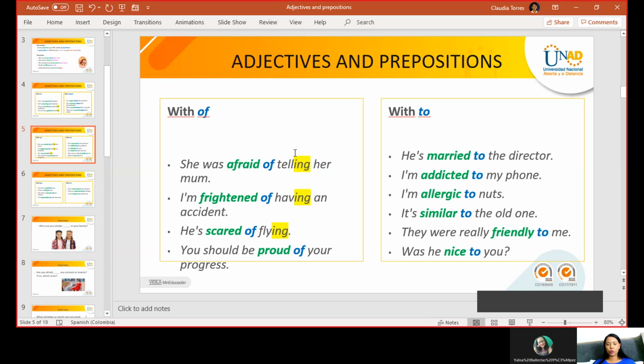Okay, so let's move to of, right? Can you please write two examples with the preposition of, I mean adjective plus of. Okay, so you said, I'm afraid of butterflies.